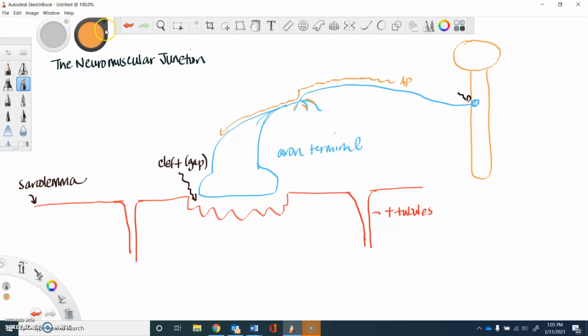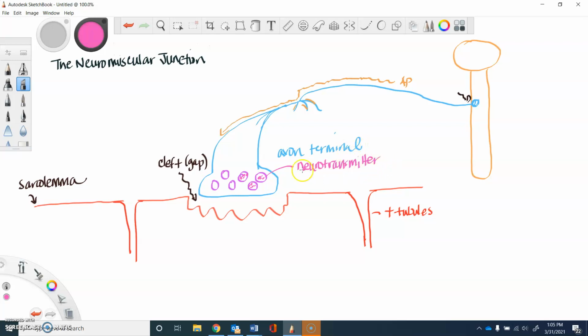Inside of the axon terminal, we're going to see vesicles. And inside those vesicles are chemicals, and these chemicals are called neurotransmitters. Neurotransmitters are chemicals that transmit neurological messages.